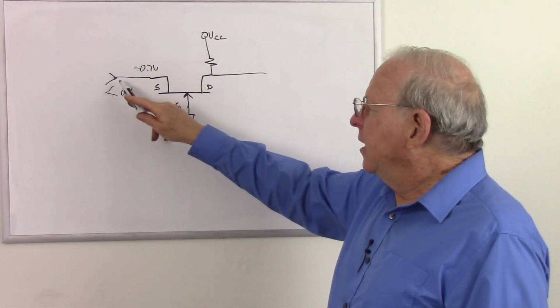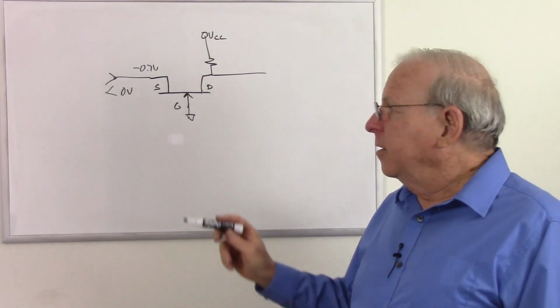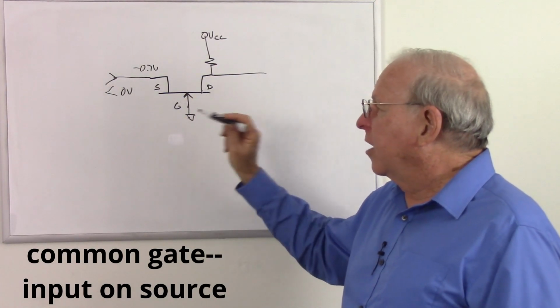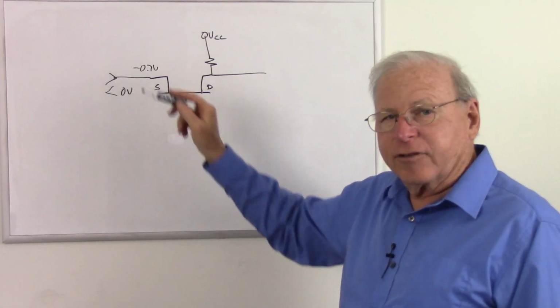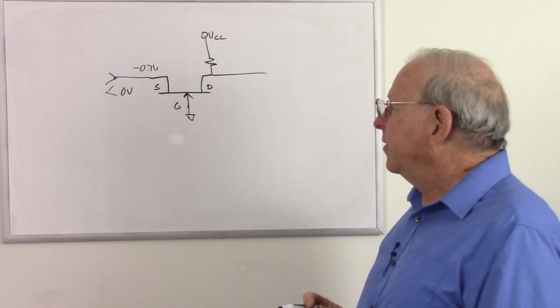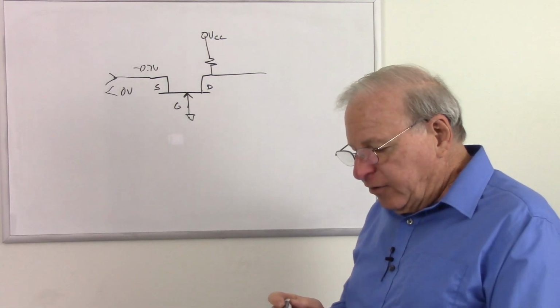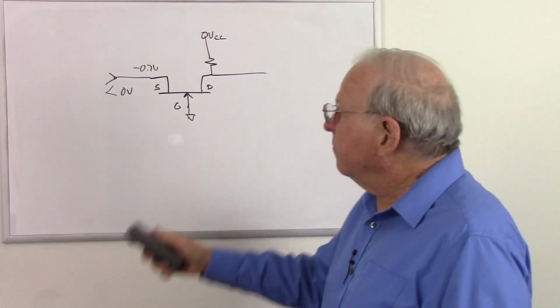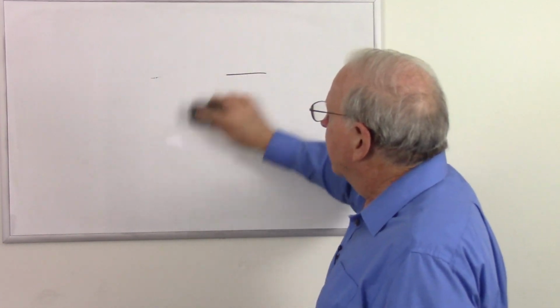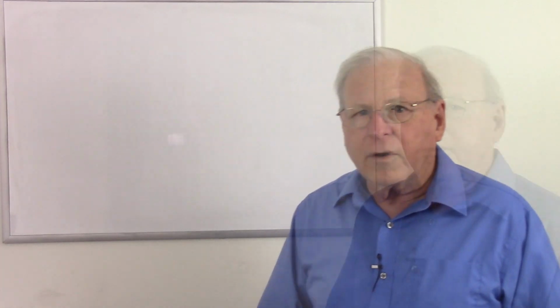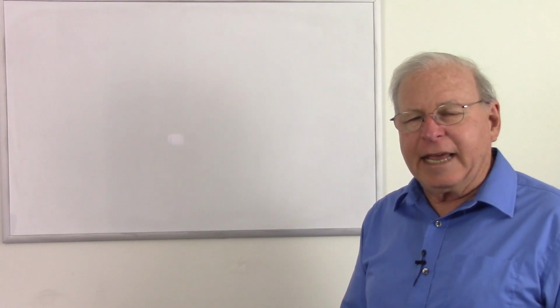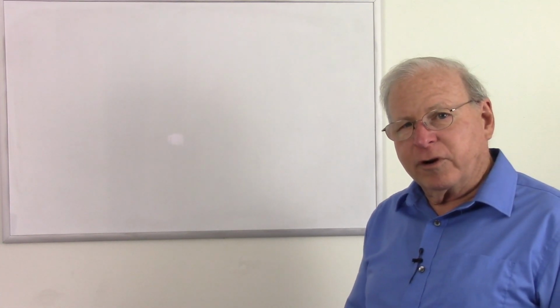And the input is on the source. So input is on the source, it's a common gate, and the gate is going to act as a common connection between the input and the output. So that is our basic circuit configurations, our common collector, common base, and common emitter. Or in the case of FETs, that's going to be common gate, common drain, or common source.